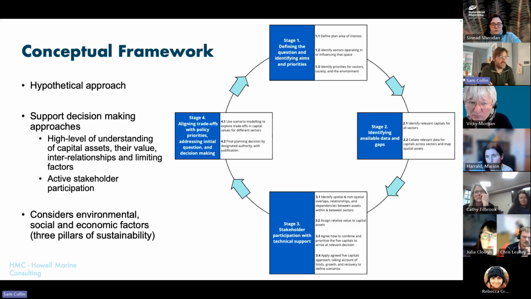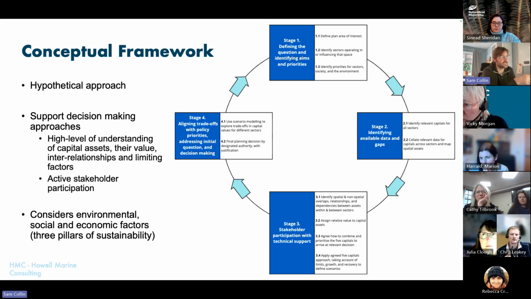And then once you've identified these relative values, you can then start to play around with, if there's an impact or something changes, how does that manifest through the system? How does changing the natural capital asset, for example, impact on human capital within the system or on the social capital?